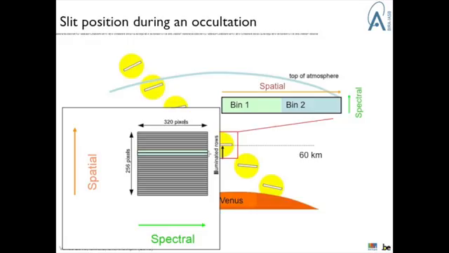If you now look at the detector, which is a 2D detector, you have the spatial dimension here and the spectral here, the spectral being composed of 320 pixels, and the two bins are those ones. So we have 4 frequencies per second, and when I said that for each one you had 1 spectrum, in fact you have 2 because we have 2 bins. But that's really a detail.